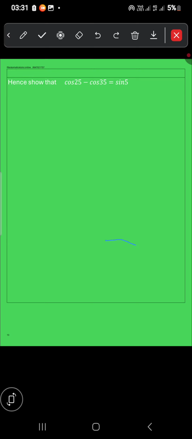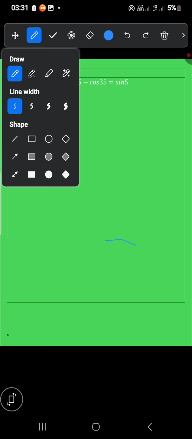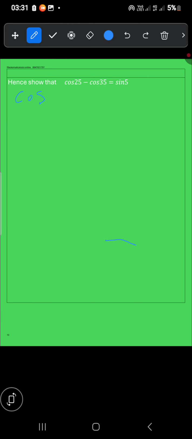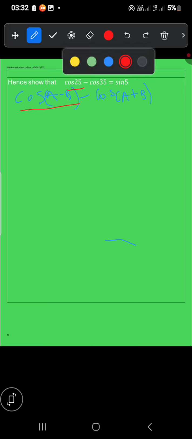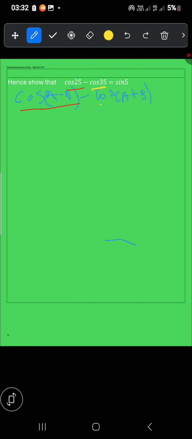Remember, for the first one, the hence comes from cos of A minus B that you were proving, minus cos of A plus B. So we are saying, okay, this relates to that, and this one relates to that.